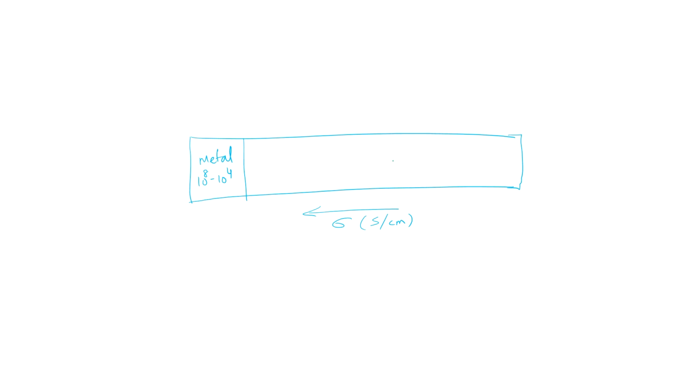And then somewhere in between we have germanium, silicon like semiconductors, and here we can say copper, gold, silver, iron.